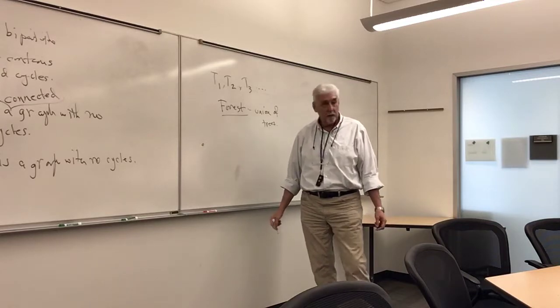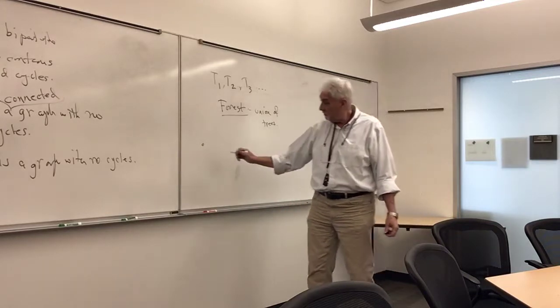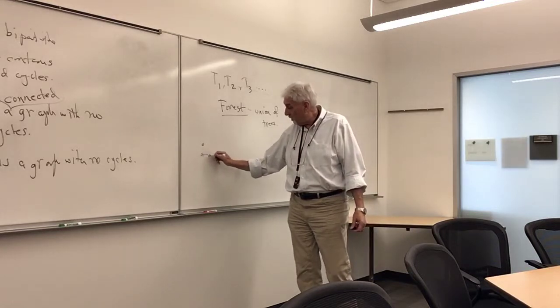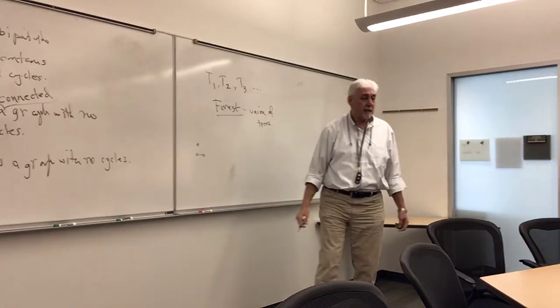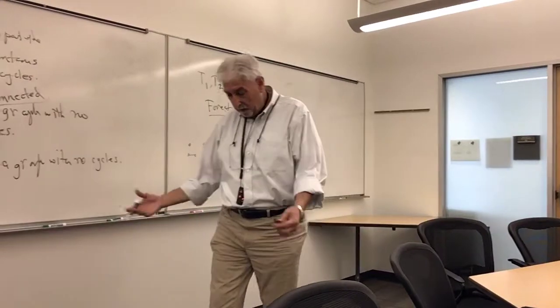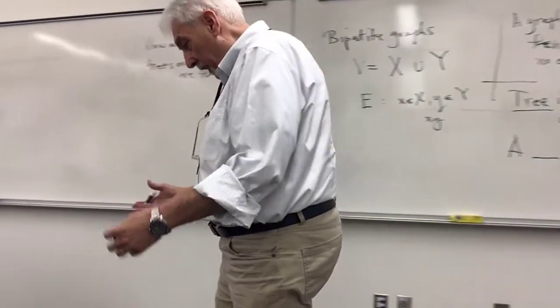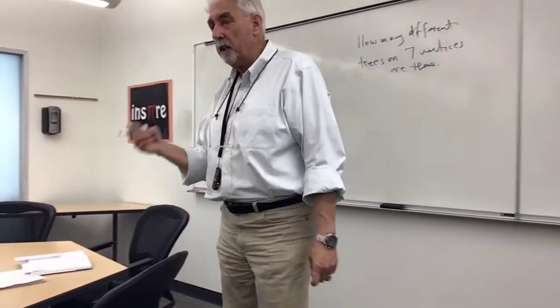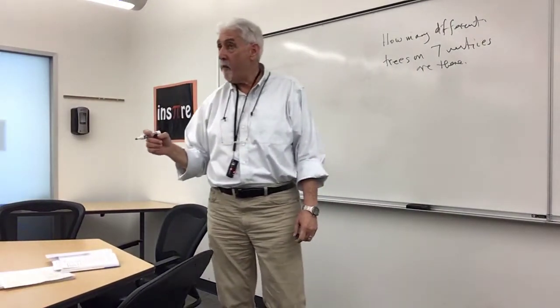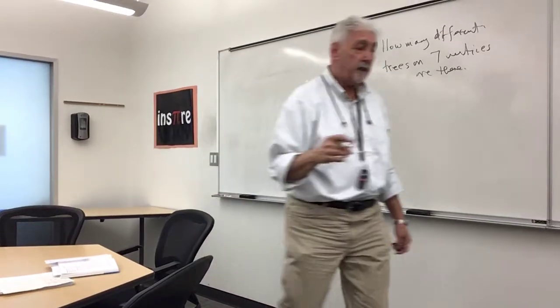Okay, and what about 2? If I have 2 vertices, it has to be a connected graph. So the number of different trees on 2 vertices is 1. 3 vertices?